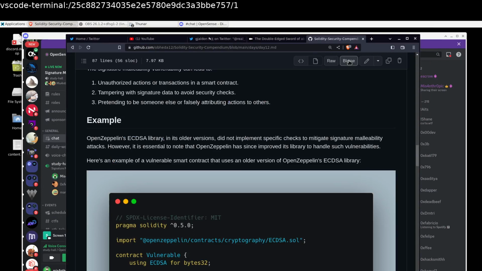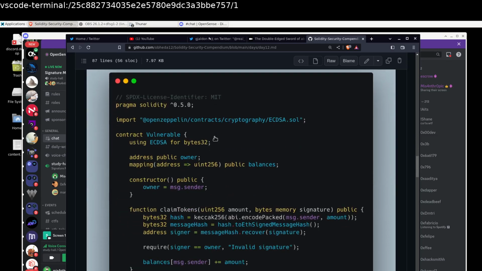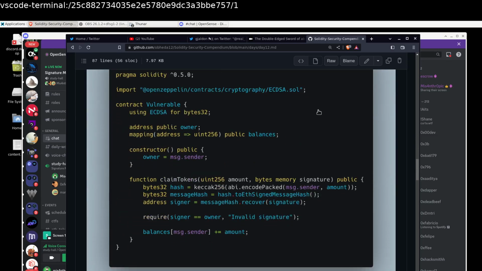Here's an example of a vulnerable smart contract that uses an older version of OpenZeppelin's ECDSA library. So this is a vulnerable contract. It uses the older OpenZeppelin library, and let's see how things are going wrong here.